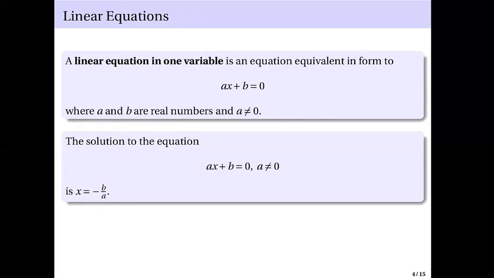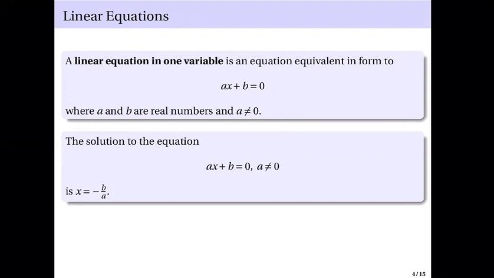Let me give the step-by-step process from this form going to this form. Take note, this is also a linear equation, except that the variable x is isolated on one side of the equation, and the constants are isolated on the other side. But this is still a linear equation, and it is equivalent to this form.